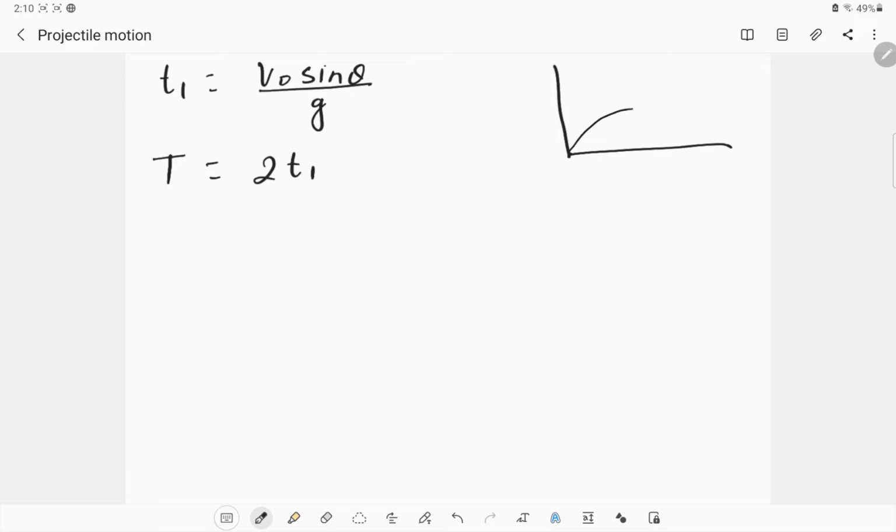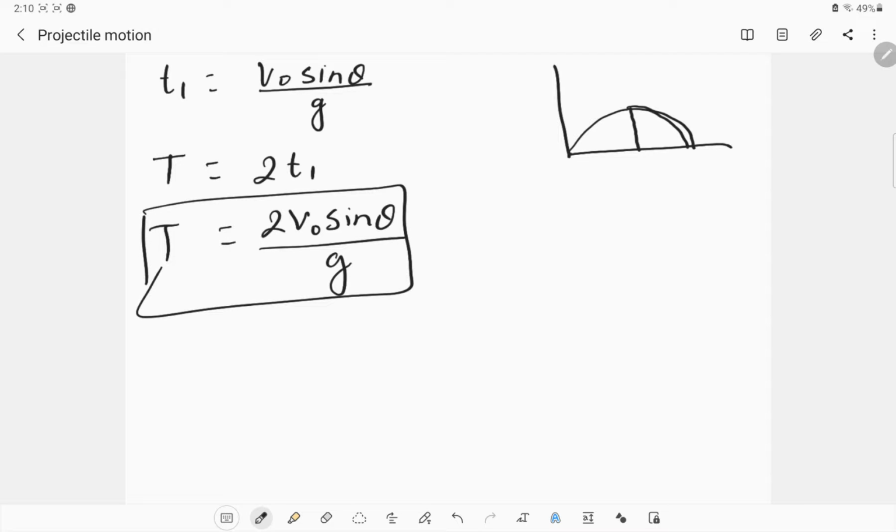So t1 was, as you calculated, v naught sine of theta divided by g, right? So total time denoted by T will be double of this time, because the time required to reach maximum height and come down to the ground will be the same, right? 2 t1, which will be 2 v naught sine of theta divided by g. So this is an expression for time of flight.